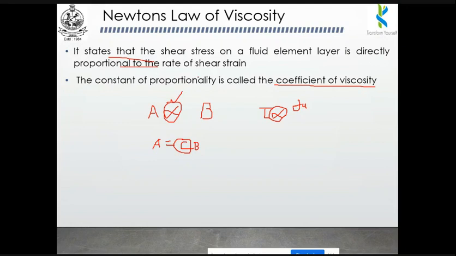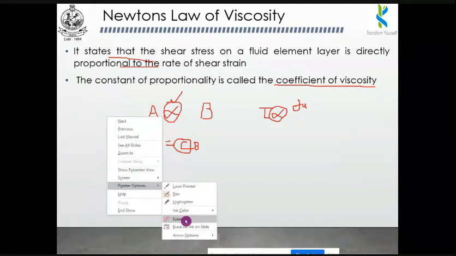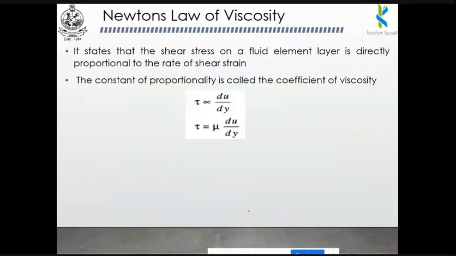I will show you the formula for this. The formula for Newton's law is that shear stress is directly proportional to shear strain. Here we have a proportionality. If you want to remove this proportionality, you have to use a constant value. That constant value is the coefficient of viscosity. Is it clear?